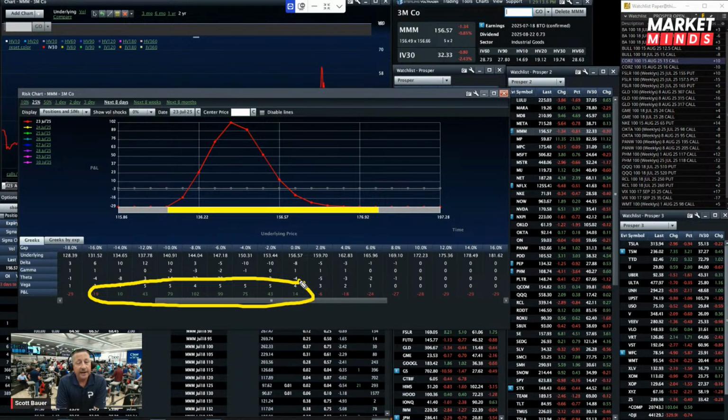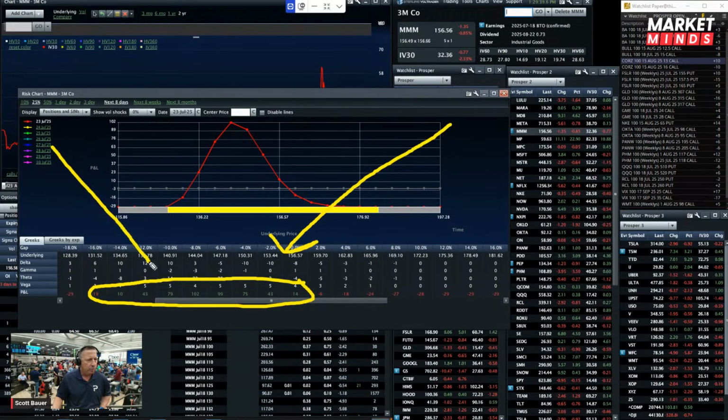That's because what I did here is I ran this risk chart, which you could all do on whatever platform you are on, with no adjustment to the implied volatility. So if implied vol stayed the same as to where it is right now, look at the difference in what the projected P&L would be.